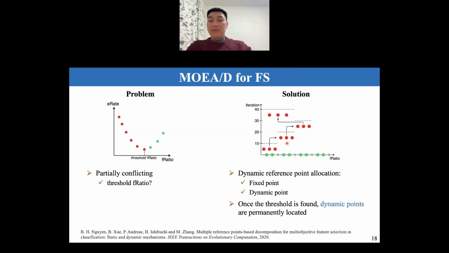Then I focus on the conflicting region only, and allocate all the reference points on the conflicting region to search. That's why I call it dynamic reference points: to find where they conflict and focus on that conflicting region.